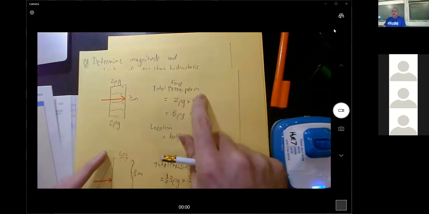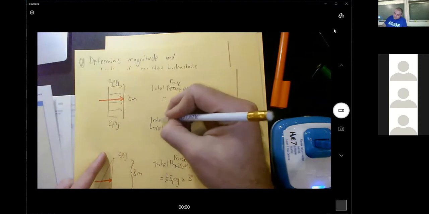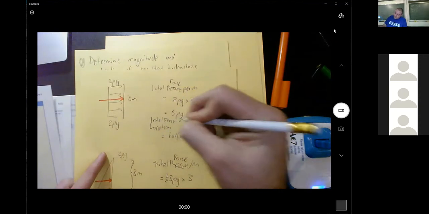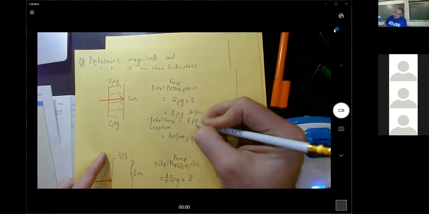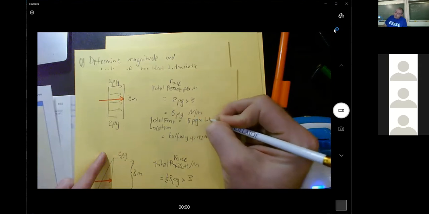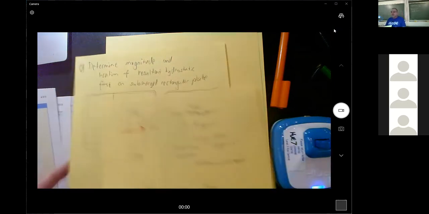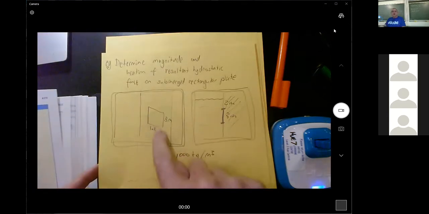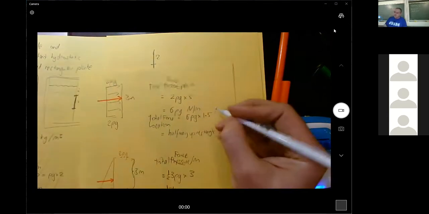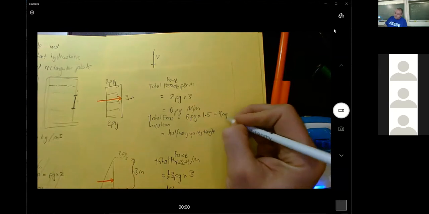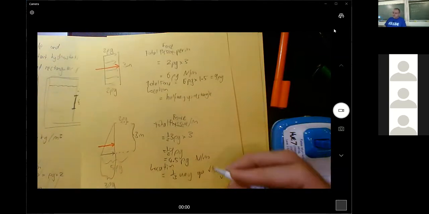Total force per meter, which means the total force must be force per meter times the number of meters, which was 1.5, because that's how deep it was, remember? 1.5 long. Damn it.